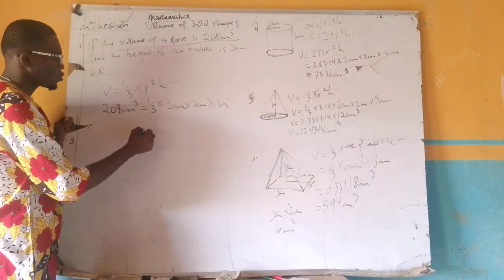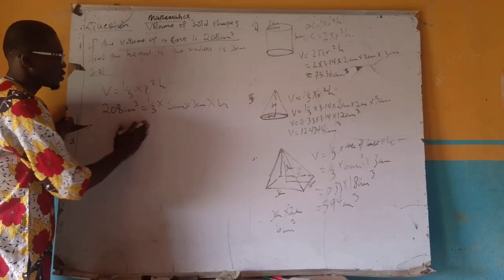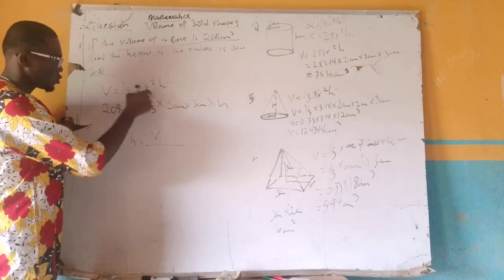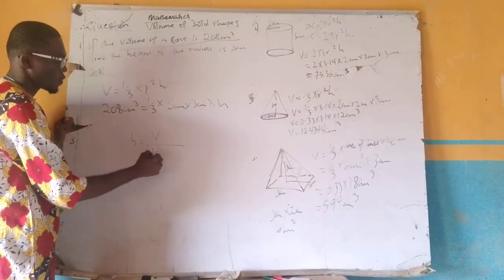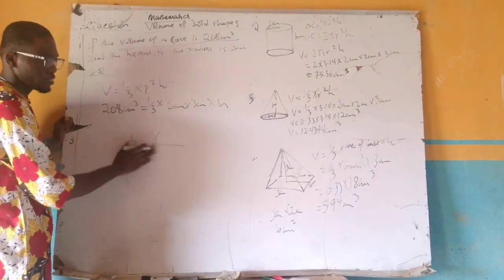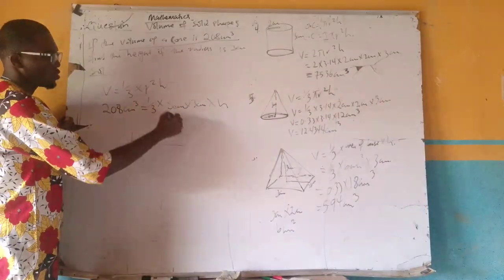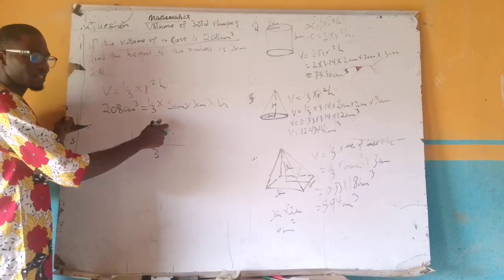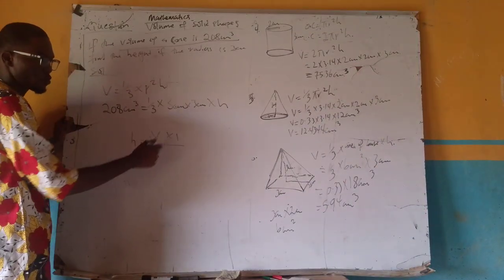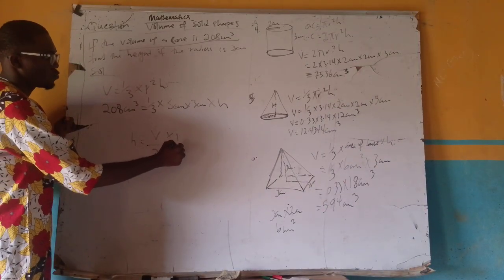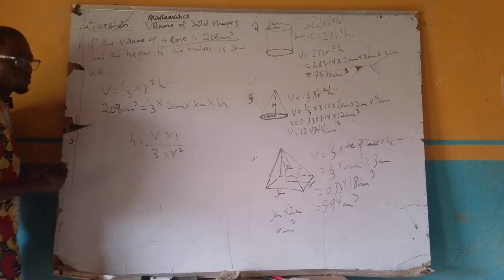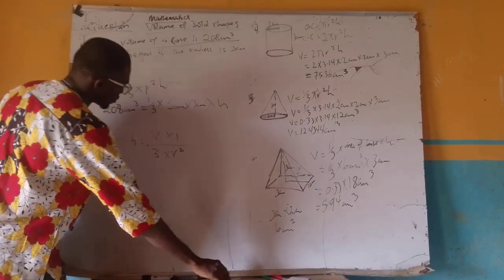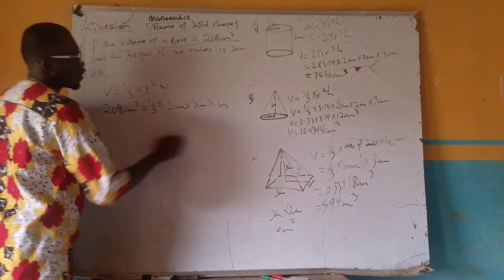So h is equal to V over 1 over 3 π r square, and since 1 over 3, up is times, down is divide, it becomes 3V over π r square. So you can use it like this, just put the values there and you get your answer. But let's just follow the normal formula.